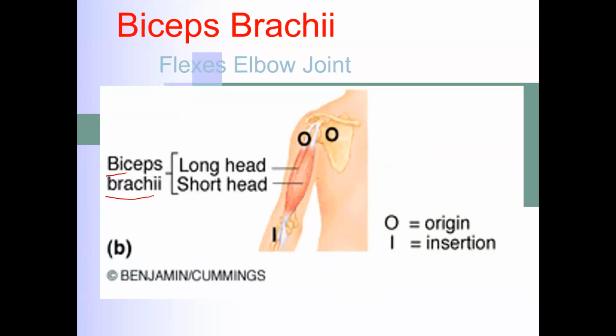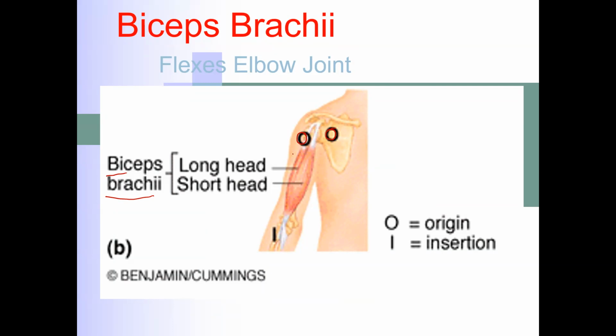So it's called the biceps because there are 2 points of origin. So you have an origin here and another origin here. Okay? So 2 points of origin across the shoulder joint. You can see it's attached to the sternum. Okay?